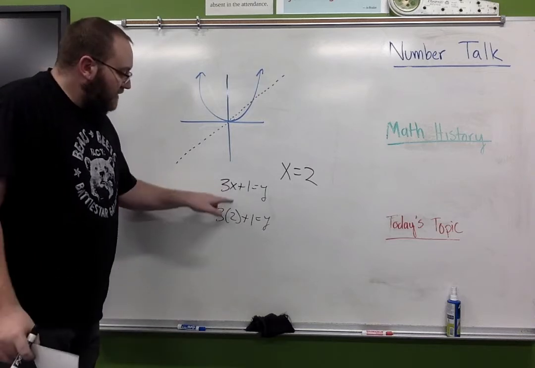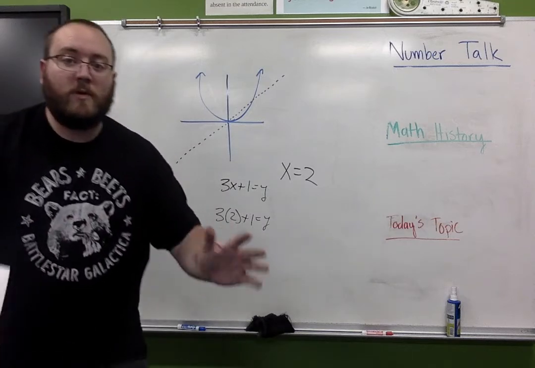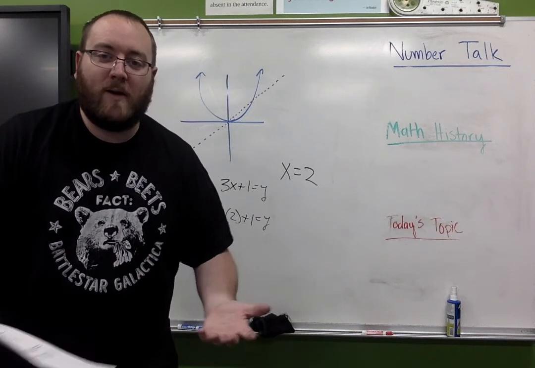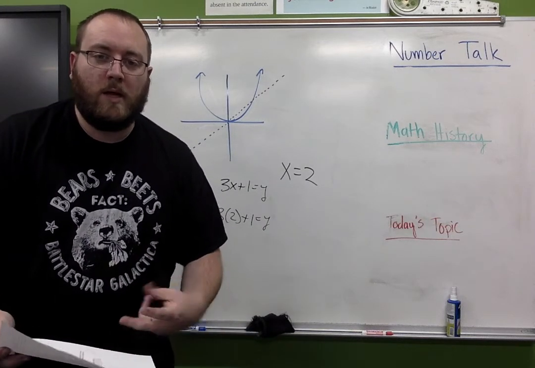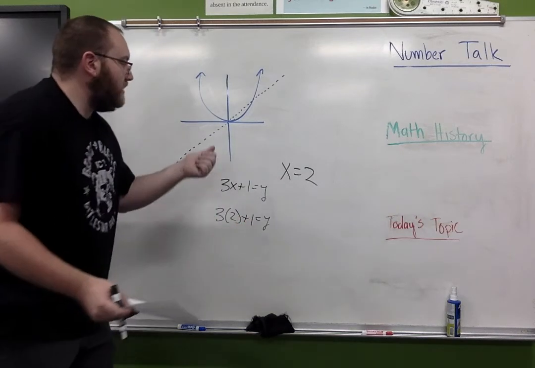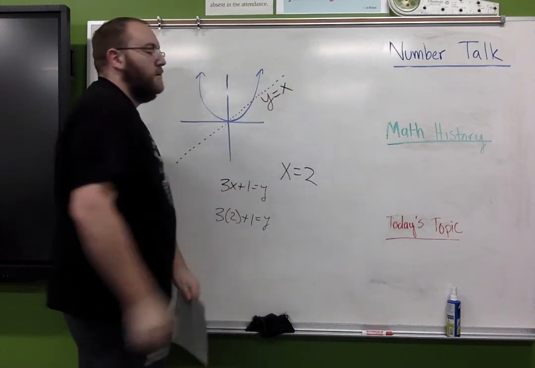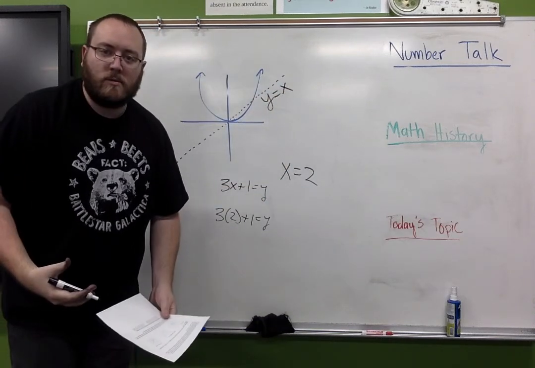Right? I'm saying that x and 2 are the same, they're equal, so I can interchange them. Same thing with the inverse. We're treating them as equal, so we're flipping them. So the reflection of the graph is across the line y equals x because we're treating them as equal.